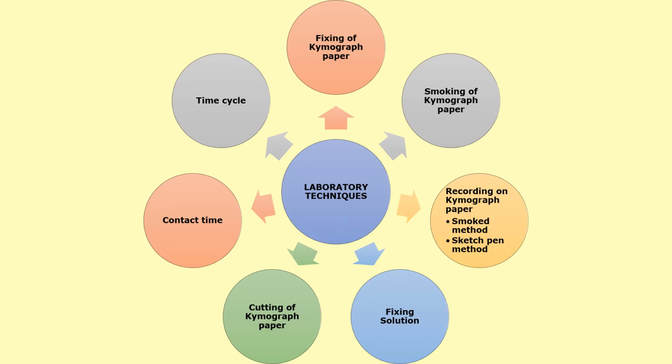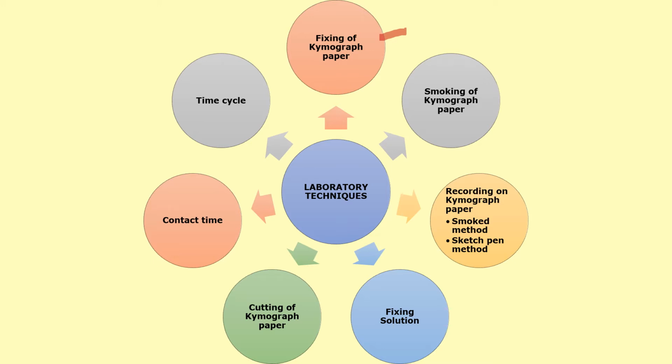First of all, fixing of kymograph paper means the method or the procedure to be followed for fixing of kymograph paper on the Sherrington rotating drum and device. You have to fix the kymograph paper on the drum in such a way that after recording the effect of drug on kymograph paper, it can be easily removed.